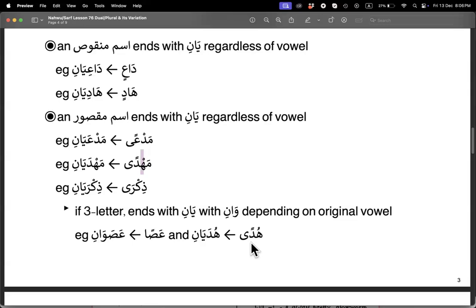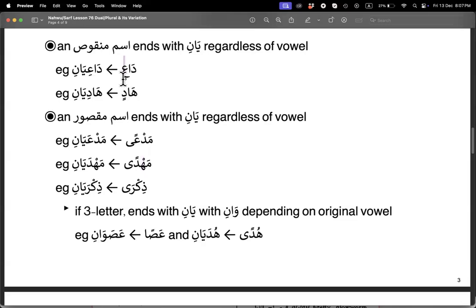So the original weak letter will come back while making the dual, only if the word is a three-letter word. The rest all take yani. This one also, in fact, technically you want to say this is a three-letter word, but actually there's a ya hiding inside the kasra.